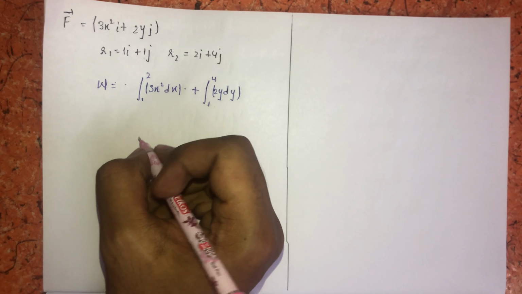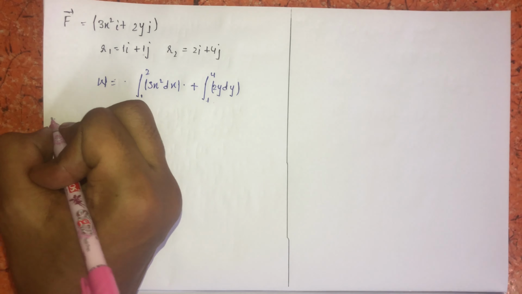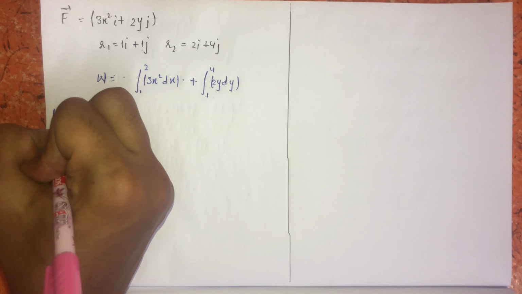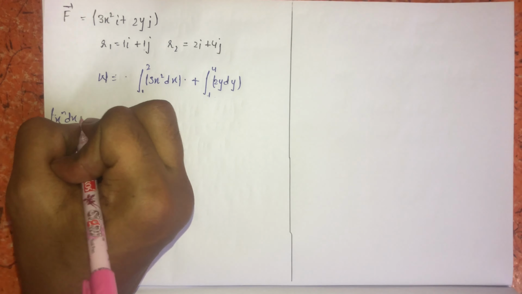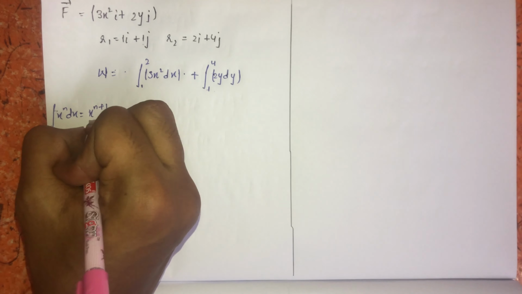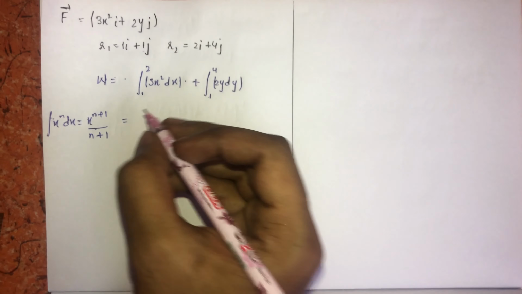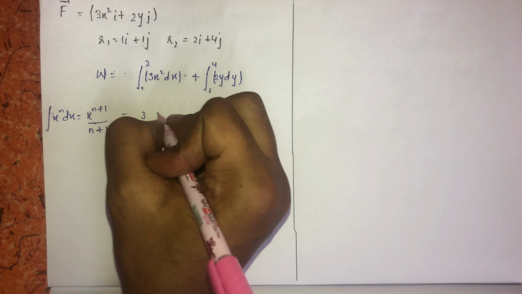Then integrating with the help of the integration formula, the integration of x to the power of n dx will be equal to x to the power of n plus 1 by n plus 1. Then 3 is constant, 3 is taken out.